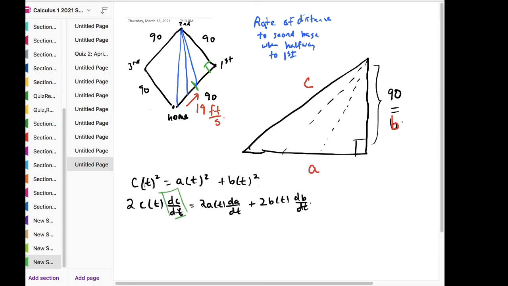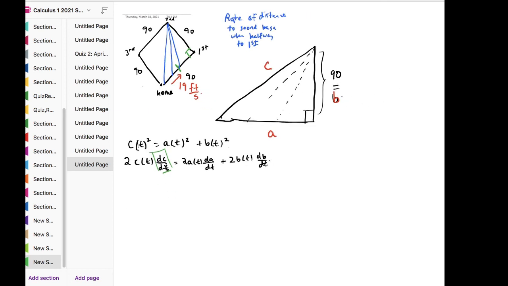What are some values that we know? Good, yeah, dB/dt is 0, since b is constant. So the derivative is 0. What else do we know?